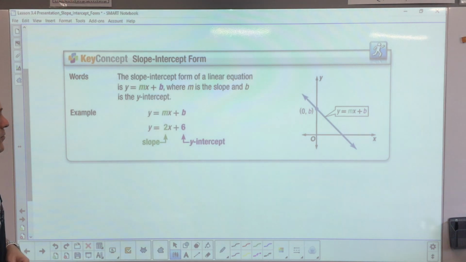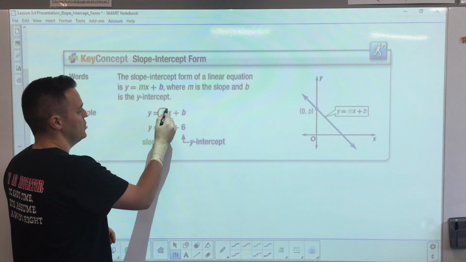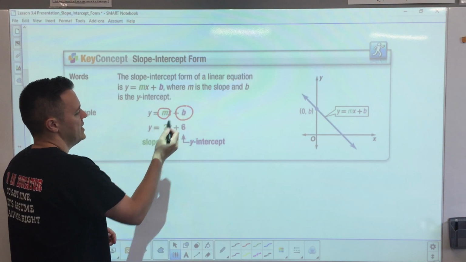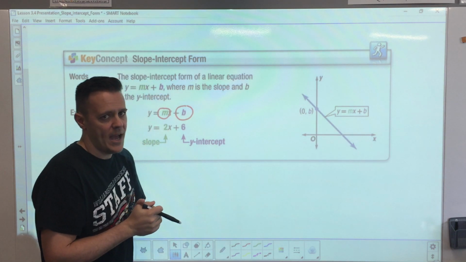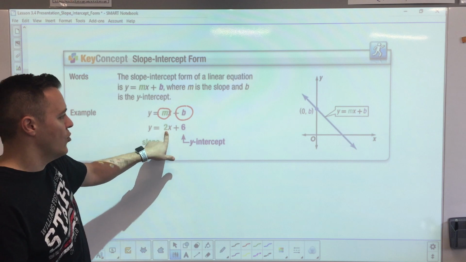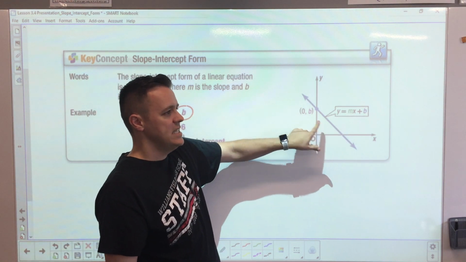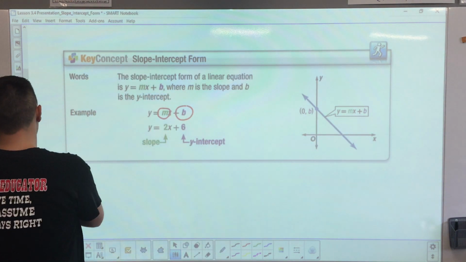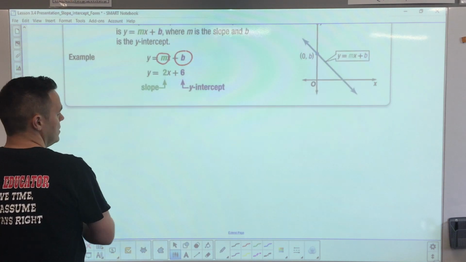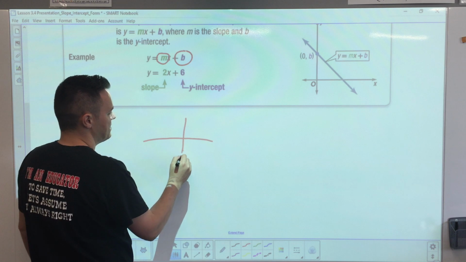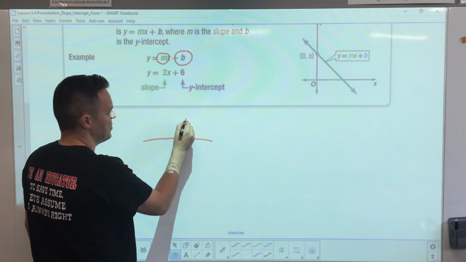All right, the slope intercept form. In relation to it, m is the slope and b is the y-intercept. What I want to make sure is that you can actually graph it. Now, do not correlate this formula with this graph because these two are actually not the same thing. If the y-intercept is a positive 6, that means it's going to be somewhere up here.